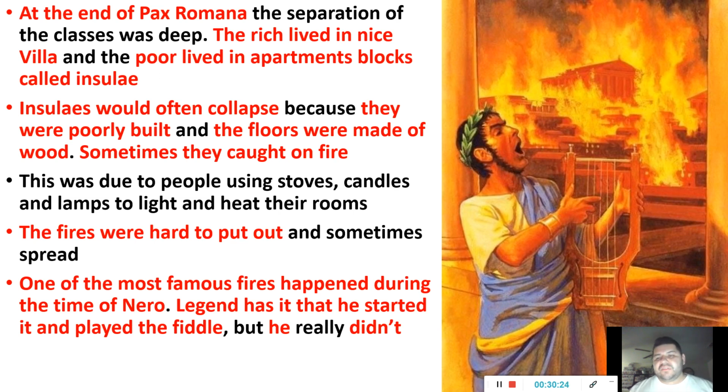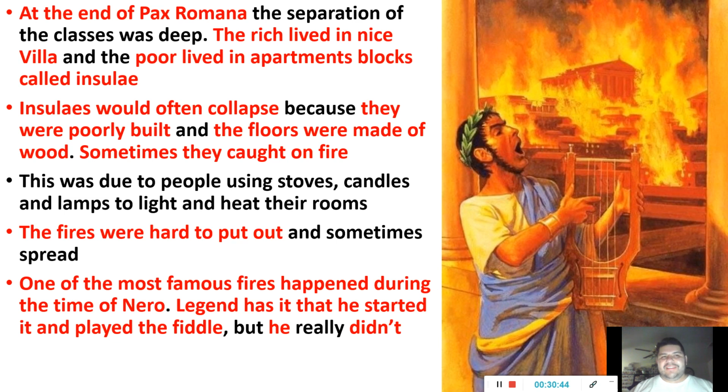One of the most famous fires basically burnt up a huge section of the poor housing in Rome. And there's a legend that the guy who was in charge, Nero, the emperor, played the fiddle while Rome burned. That's a lie.